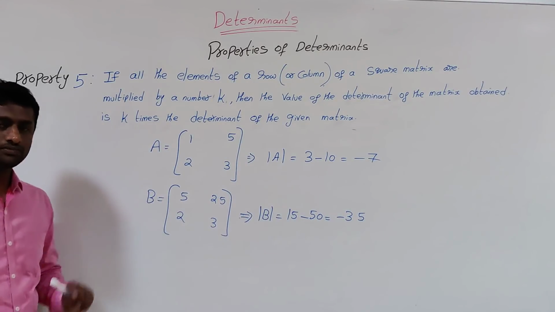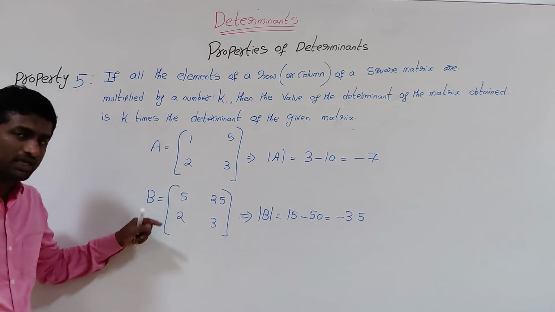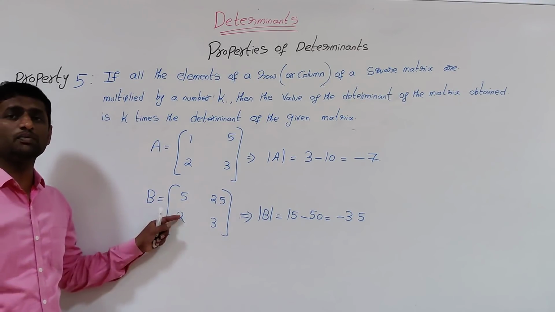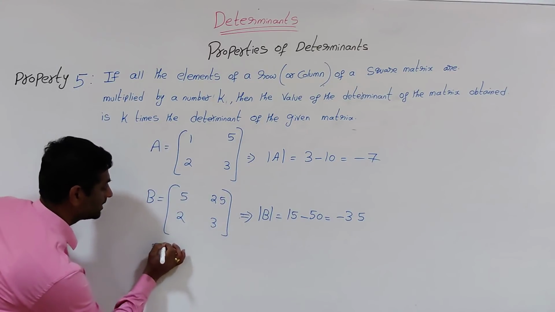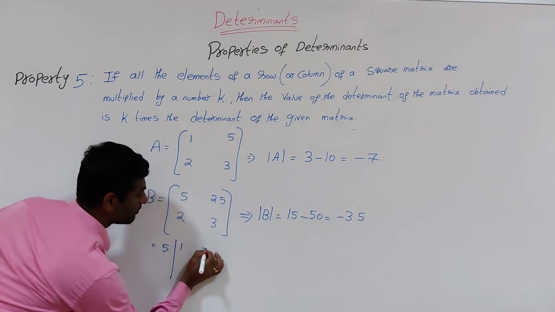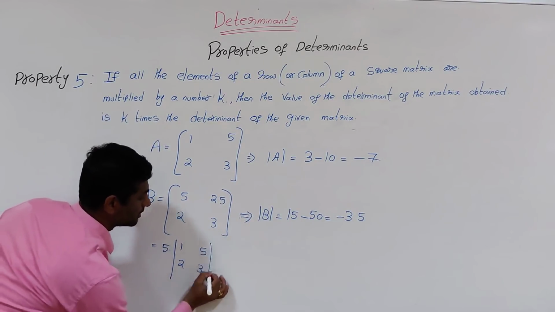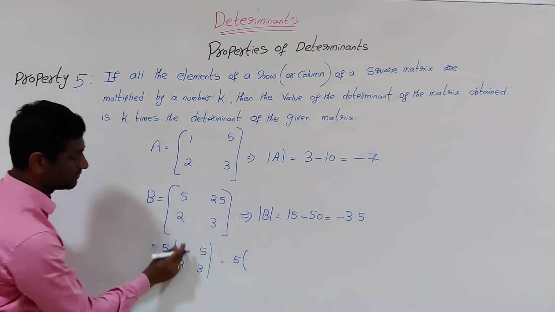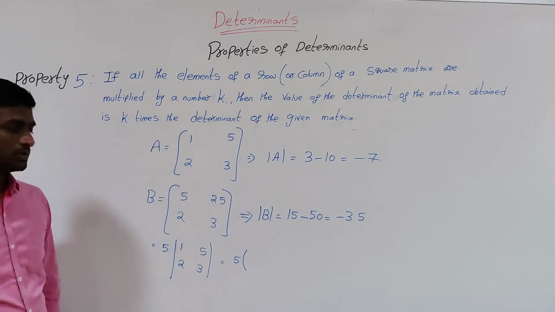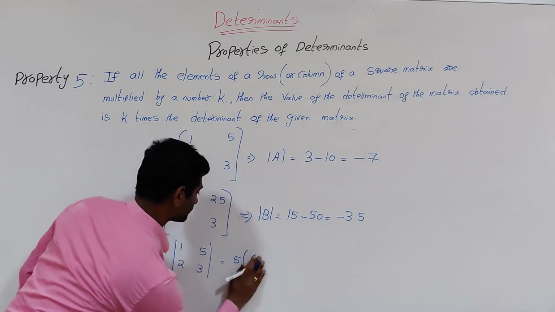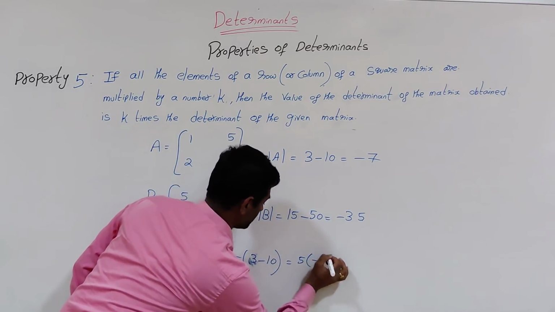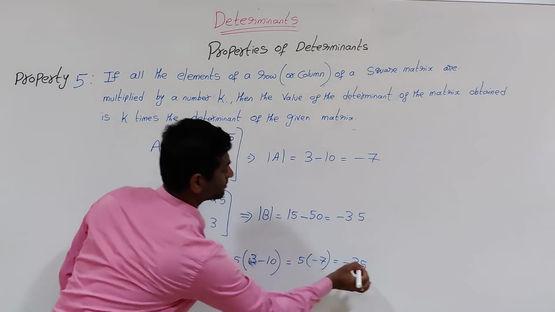Now, as in the matrix B every element of the first row is a multiple of 5, we can write 5 times the determinant of 1, 5, 2, 3, which is 5 into, 1 into 3 minus 2 into 5, that is 3 minus 10, that is 5 into minus 7. That gives minus 35.